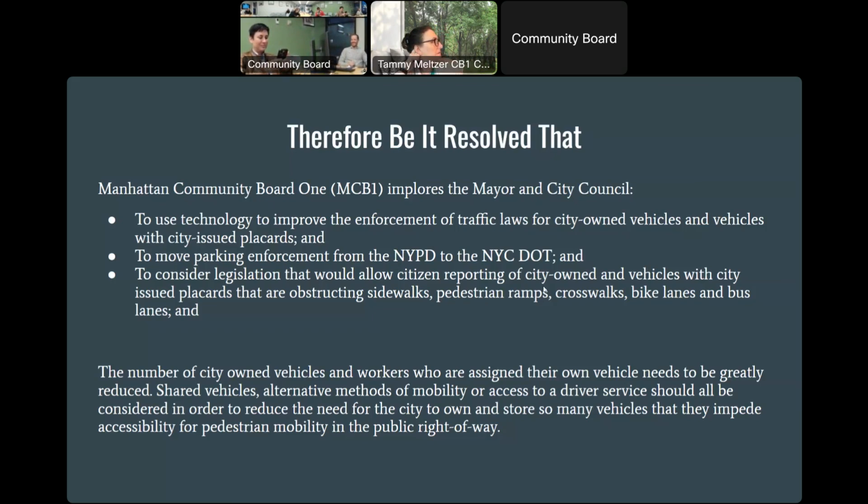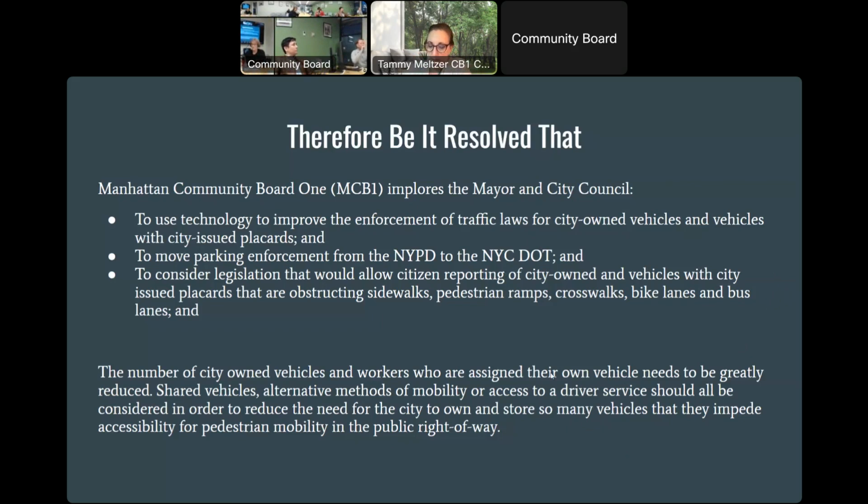I wouldn't want to see this limited just to parking on the sidewalks, which I read in the paper was the complaint from some of the boroughs. What complaints are about is obstructing sidewalks, pedestrian ramps, crosswalks, bike lanes, bus lanes, and I will add bus stops. They're all over our north neighborhood in Battery Park City, and they create tremendous hazard for anybody trying to get through.